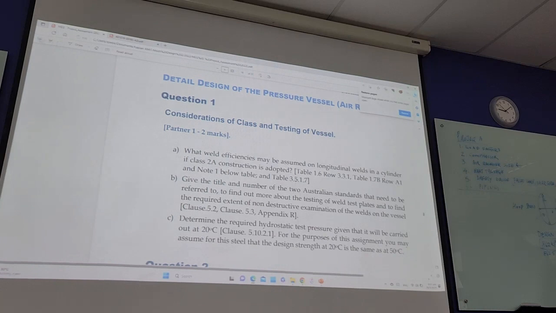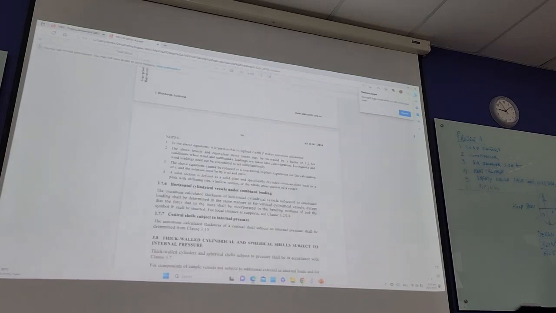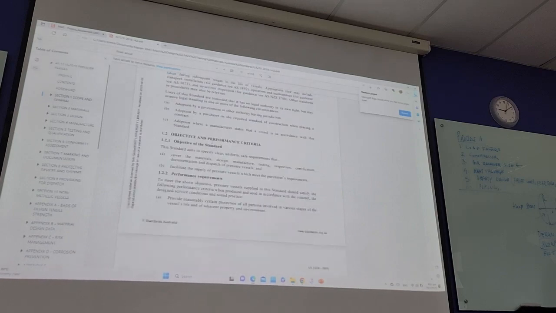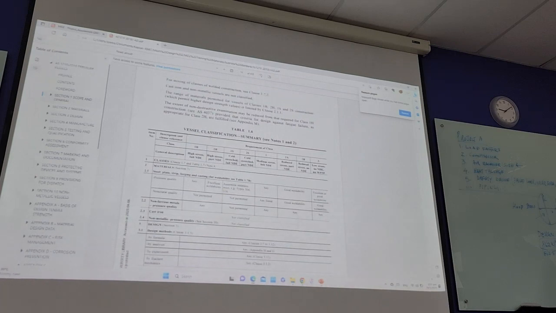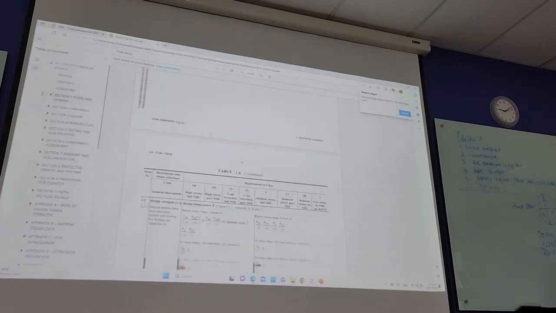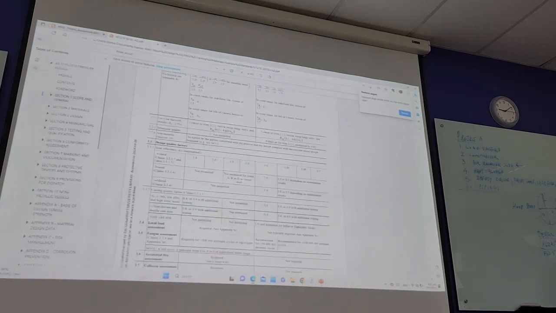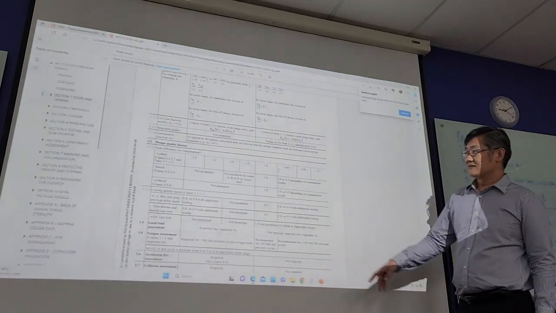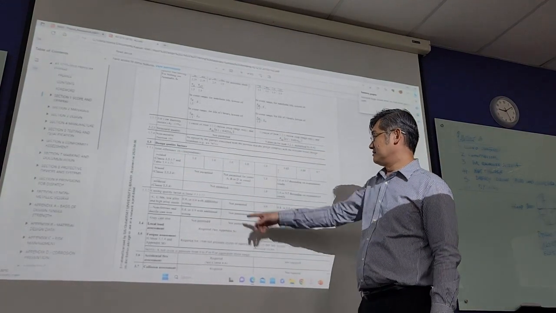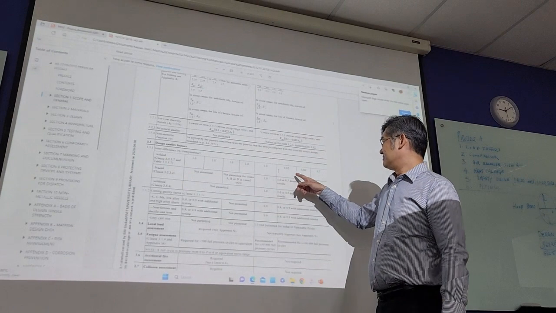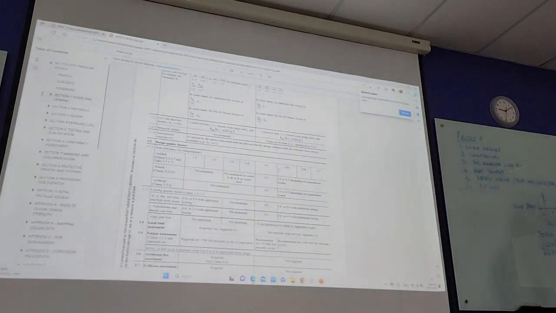How do we use AS1210? Okay, section 1. Now we want to find the table. This is table 1.6, row 3.3.1. Again, you can see this is your design joint efficiency for your welding. So this is welded.